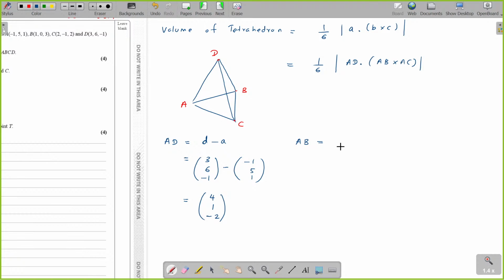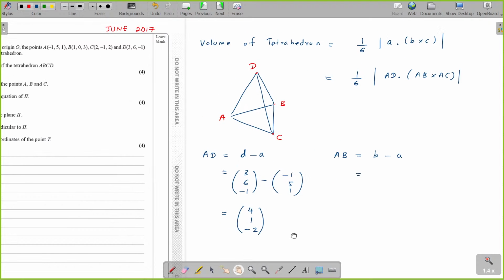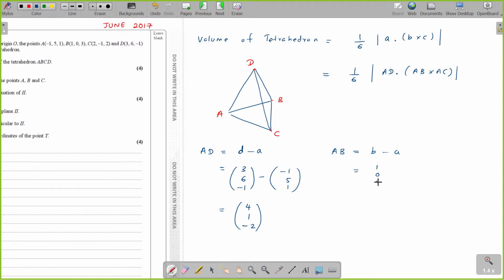AB will be B minus A. B is (1, 0, 3) and A is (-1, 5, 1). So 1 minus minus 1 is 2, 0 minus 5 is -5, 3 minus 1 is 2.